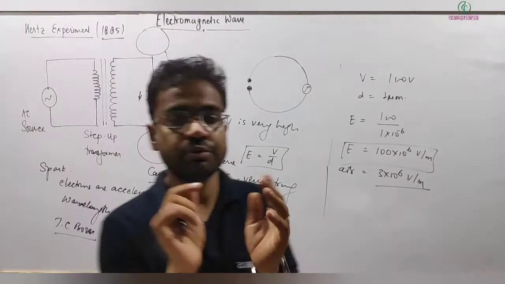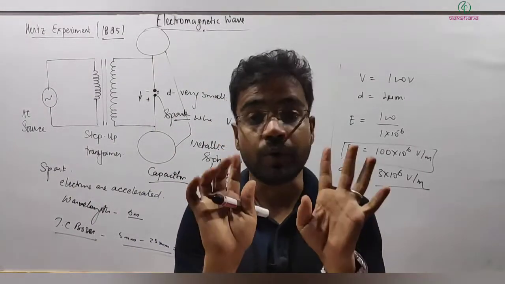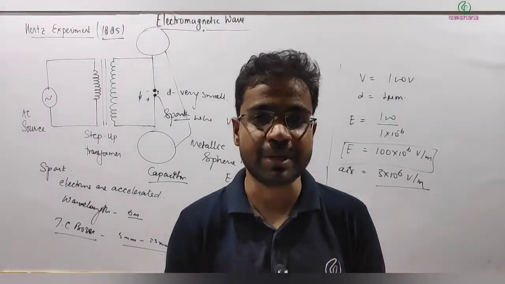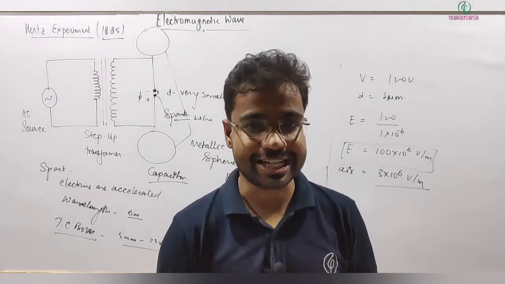And so the first few things: what is the source of EM wave? The source of EM wave is an accelerating charged particle, or I will say an oscillating charged particle.